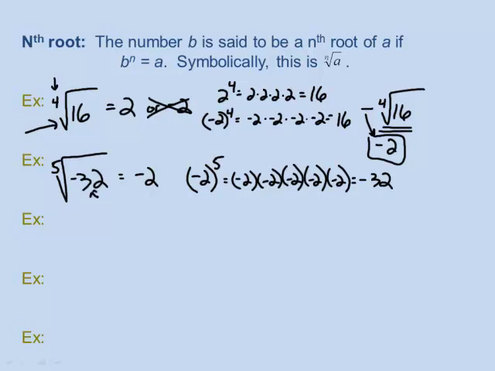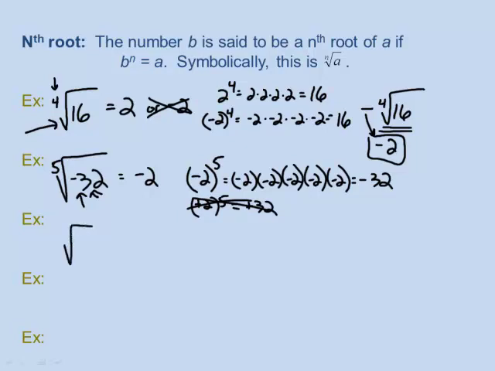That was the original problem. Notice that with the 5th root, a positive 2 is not a possibility, because positive 2 to the 5th is positive 32, and that was not the original problem. So this isn't even a possibility. So we don't need to worry about principal root for that particular problem.